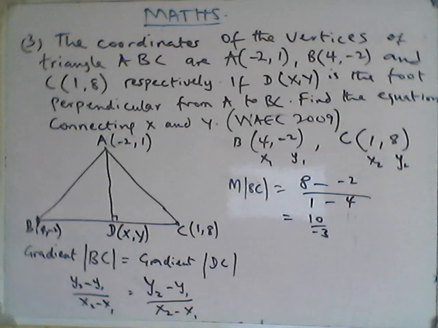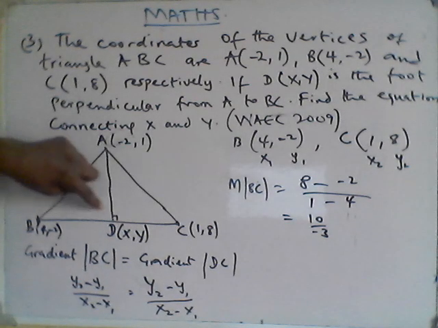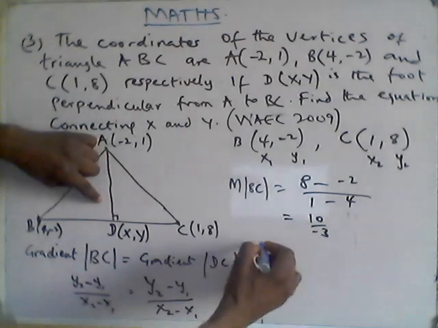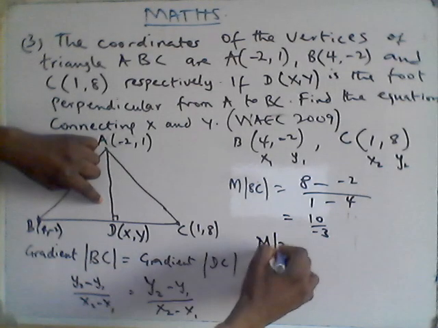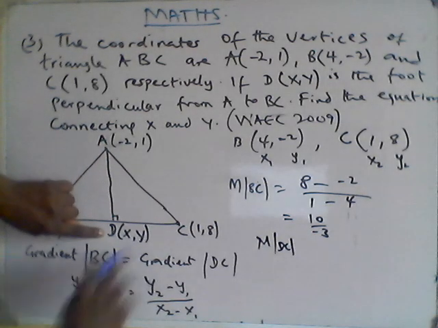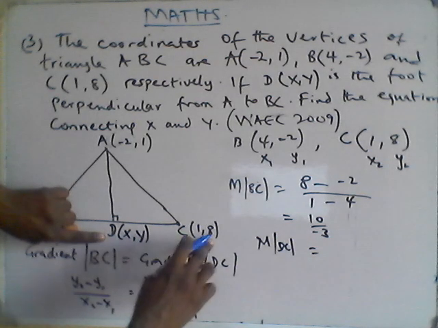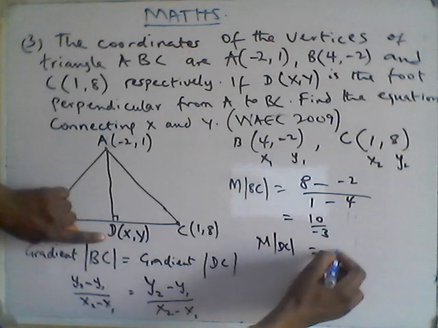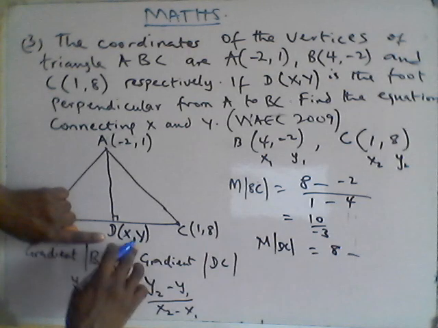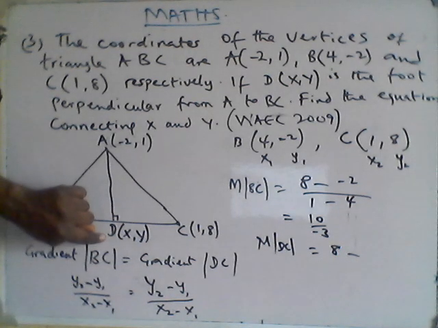Now what about the gradient of DC? This is D and this is C. So for DC, I'll map the values again. What is Y2? Y2 is 8, minus Y1. What is Y1? Y1 is Y, is it not?